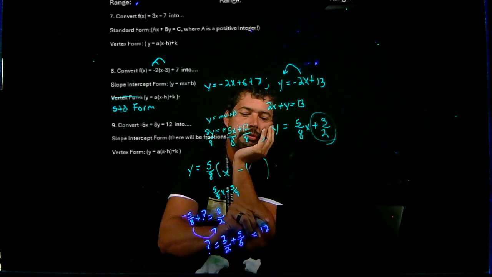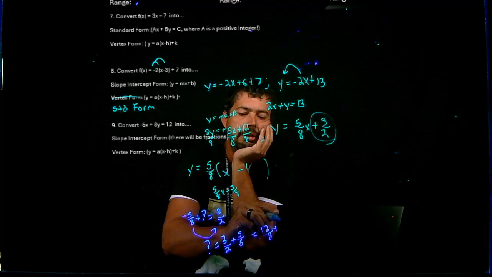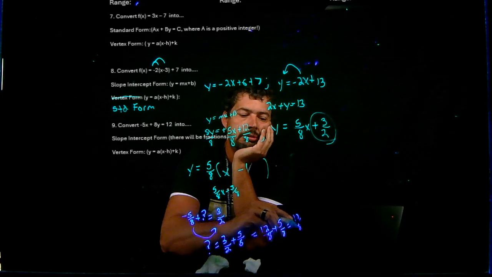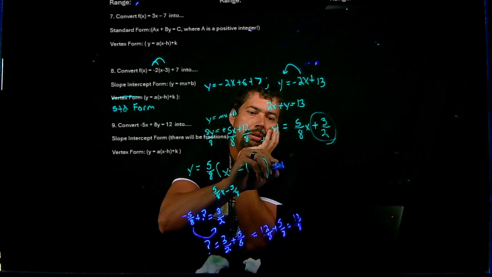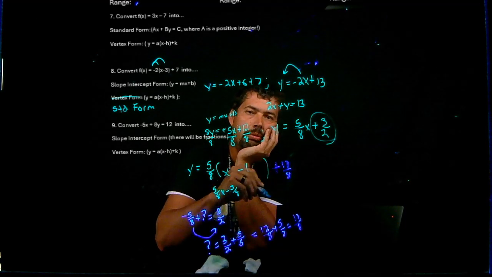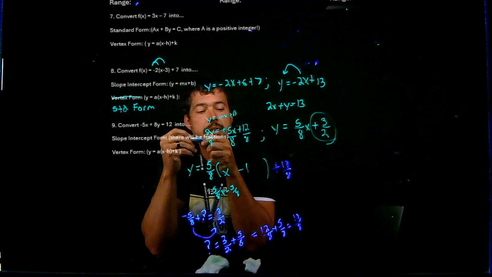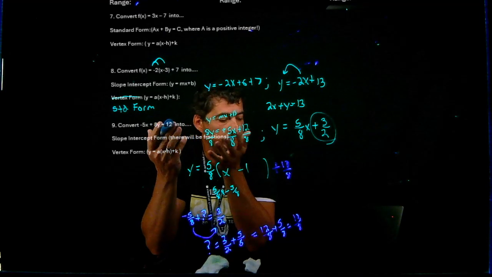So it's 12/8 plus 5/8, which is 17/8. So I need to add 17/8 here to have the same equivalent equation. Now, if you picked a different number, you'll have to figure out what went differently.